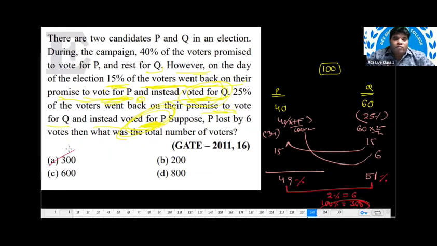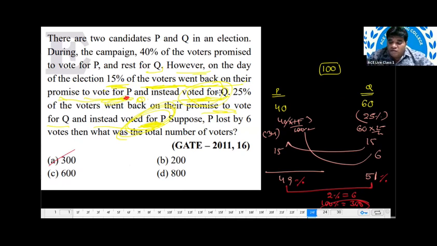Is the meaning clear? However, on the day of election, 15% of the voters went back on their promise to vote for P and instead voted for Q. Instead of means బదులుగా.